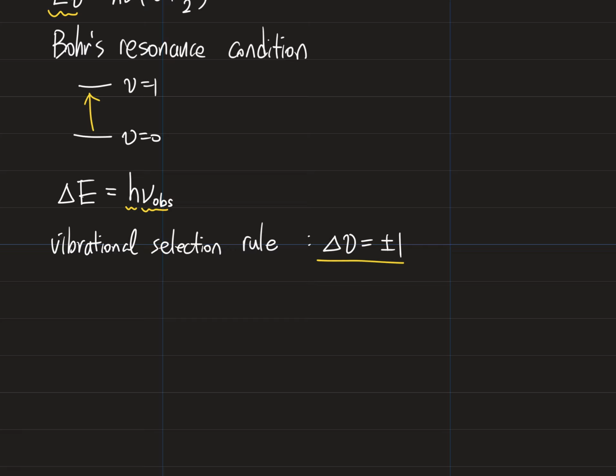So the transition from v equals 0 to v equals 1 is possible because the difference of the vibrational quantum number is only 1 here. You can see this, and actually this corresponds to the absorption.